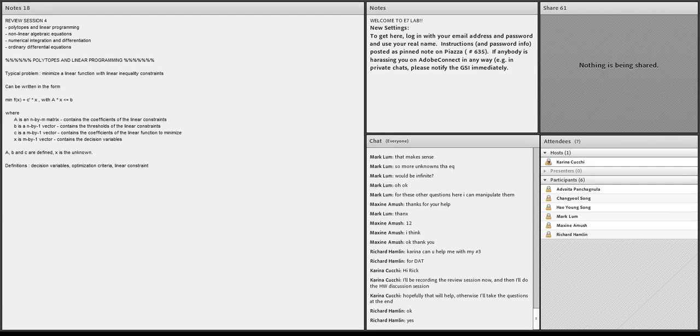So the optimization criteria is the red part, so minimize C transpose times x. And the linear constraints correspond to the inequality A times x smaller than b.